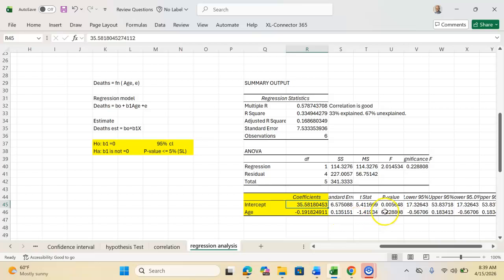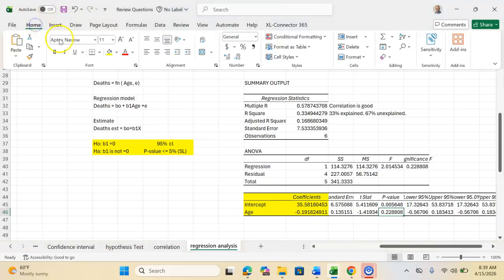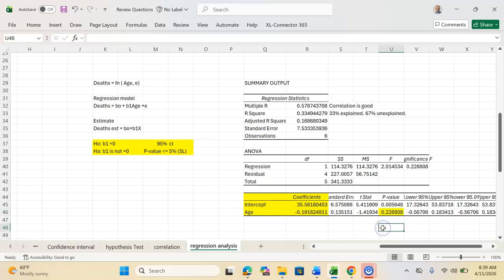So we have slope and also y-intercept. Now let's look at the p-value, which is important. You can see that the p-value is greater than the significance level.